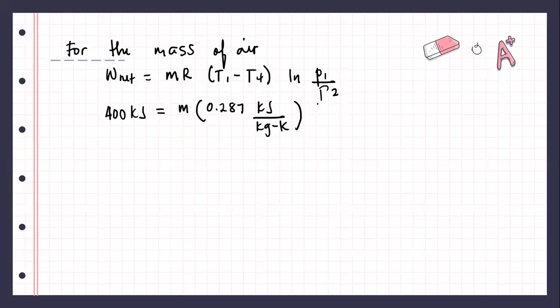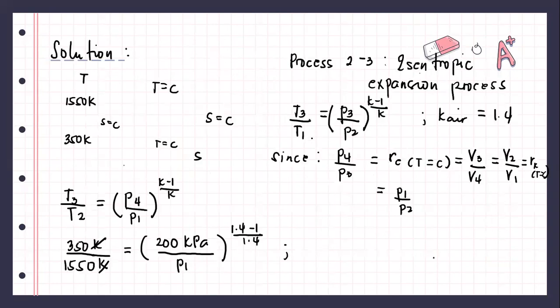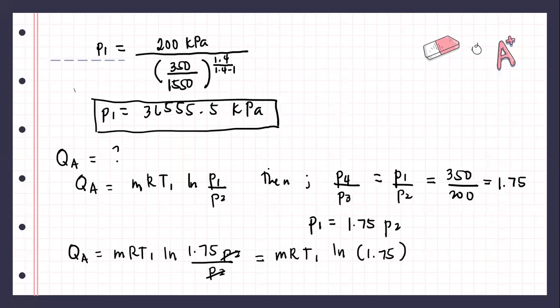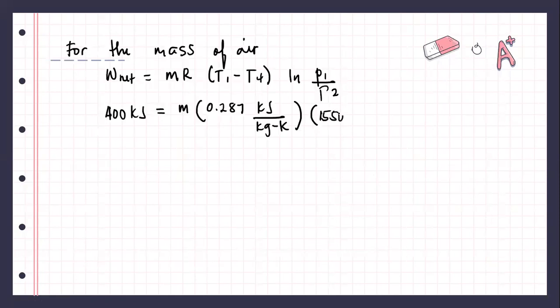And then times your T1, 1,550 minus 350 Kelvin, ln 1.75.